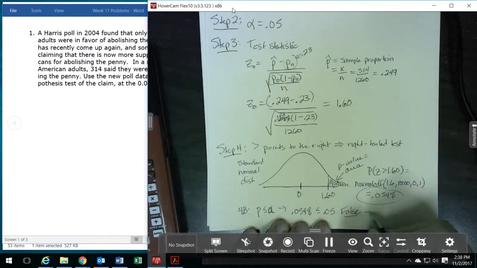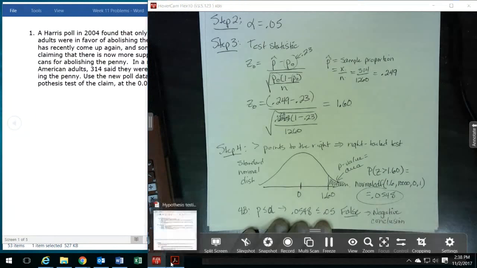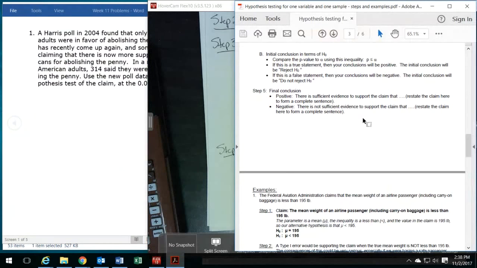False means that we have a negative conclusion. Okay, so if it had come out true, then we'd have a positive conclusion. If it comes out to be false, then we have a negative conclusion.